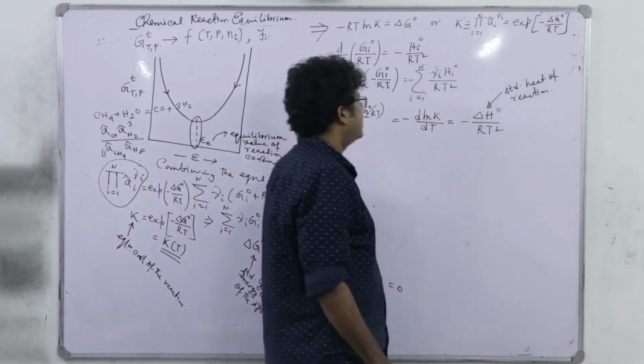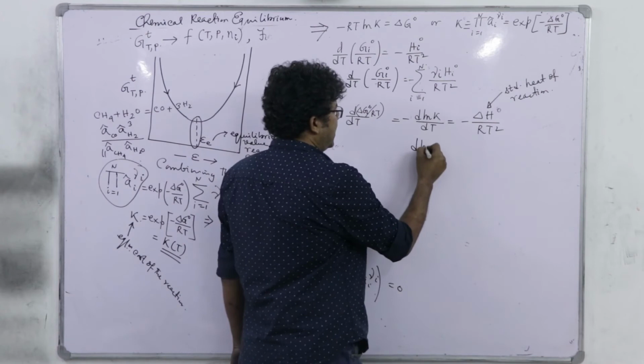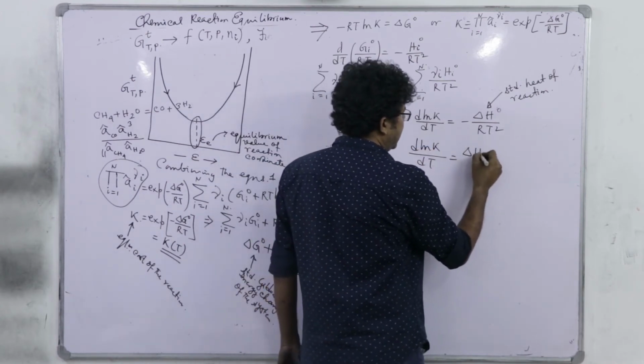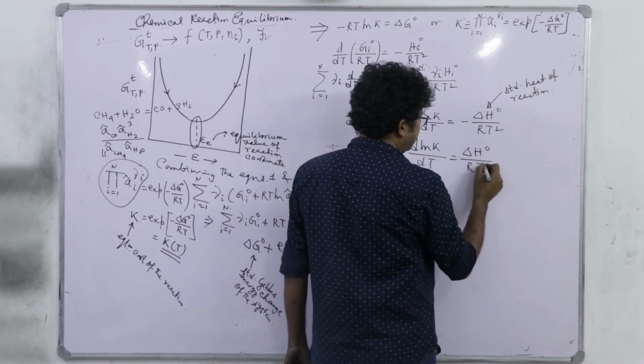So d ln K/dT equals del H naught by RT squared.